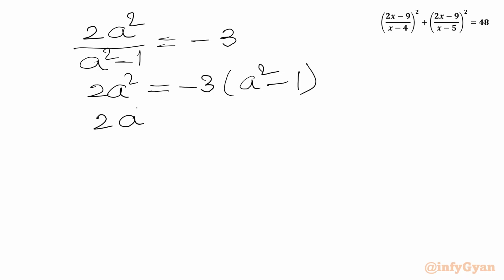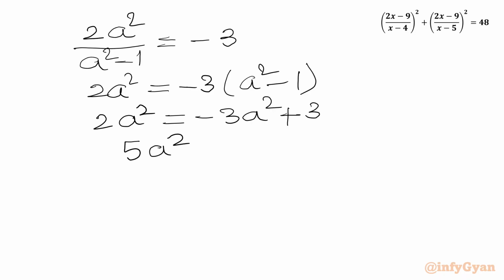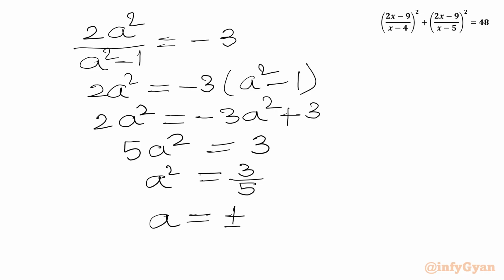So I will write 2a squared will be equal to minus 3a squared plus 3, or I can write 5a squared will be equal to 3. After dividing by 5 on both sides, we will write a squared will be equal to 3 over 5. Now we can take the square root on both sides to get the value of a. So we can write plus minus root 3 over root 5.